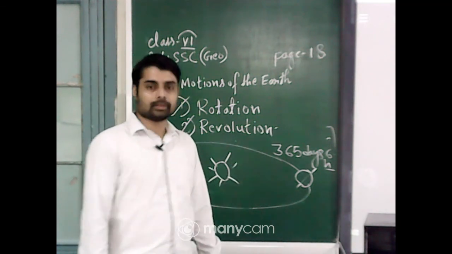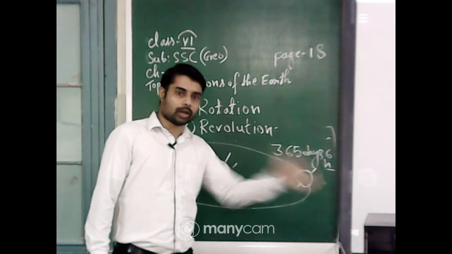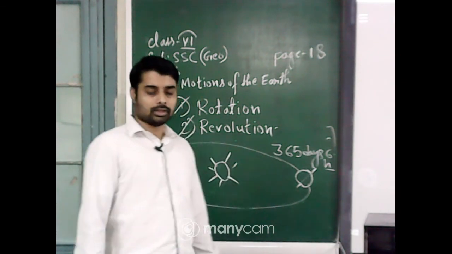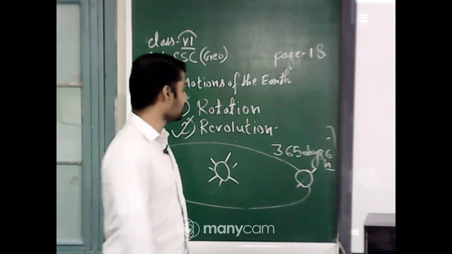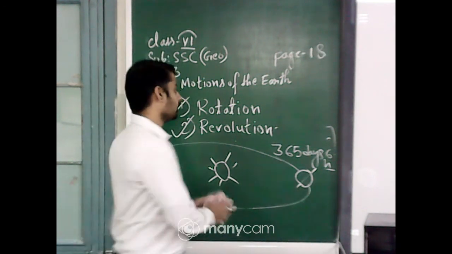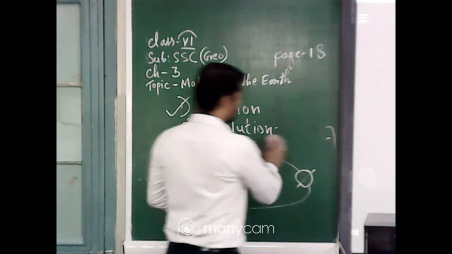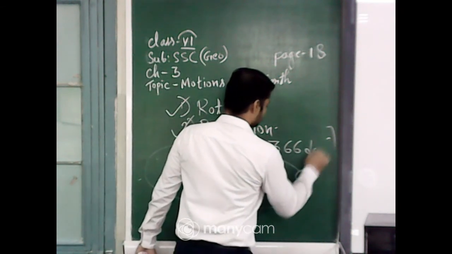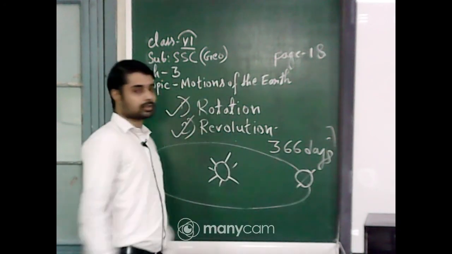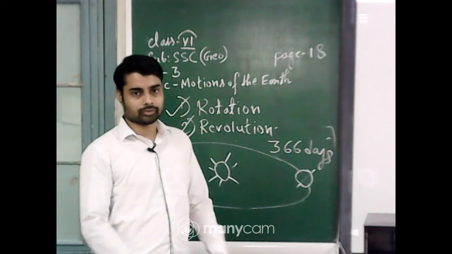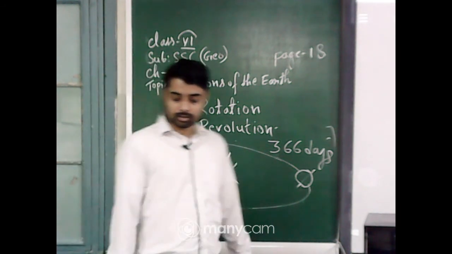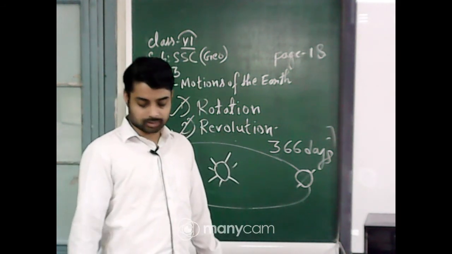So that's why after every 4 years, the year is counted with 366 days, and the extra day of that year is added to the last day of February, and February becomes 29 days.